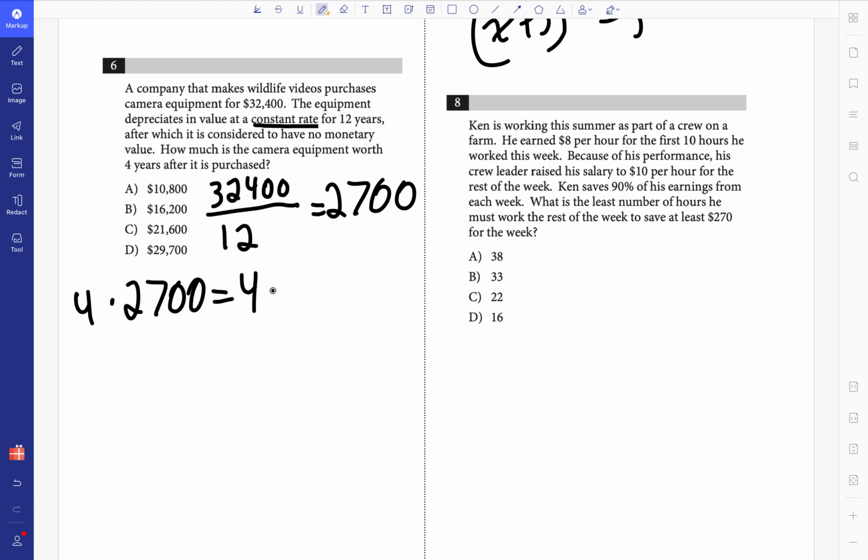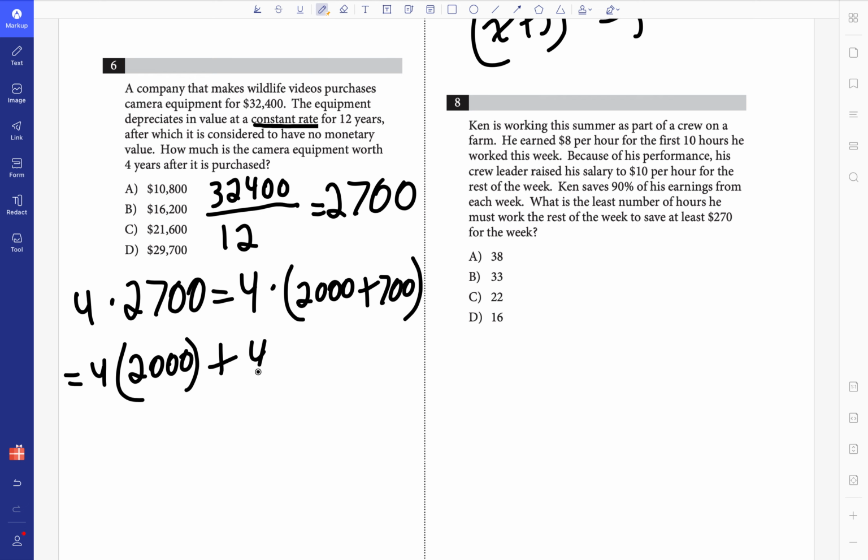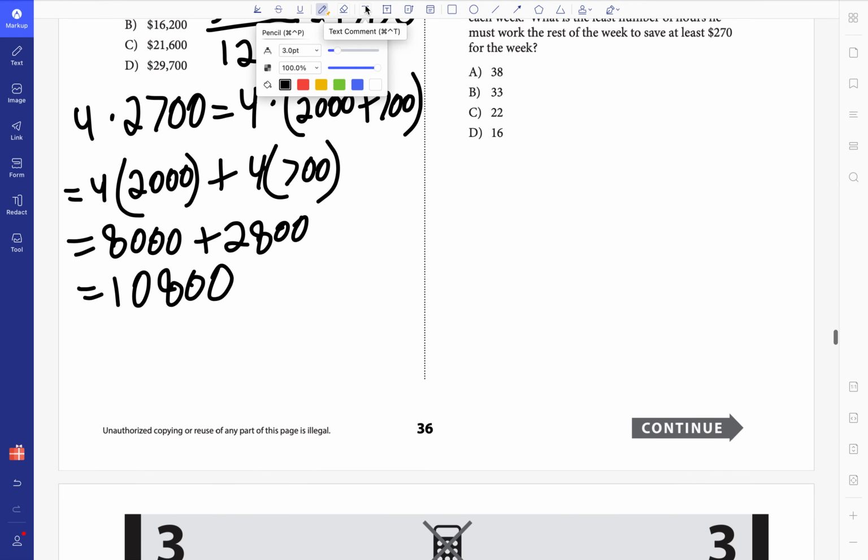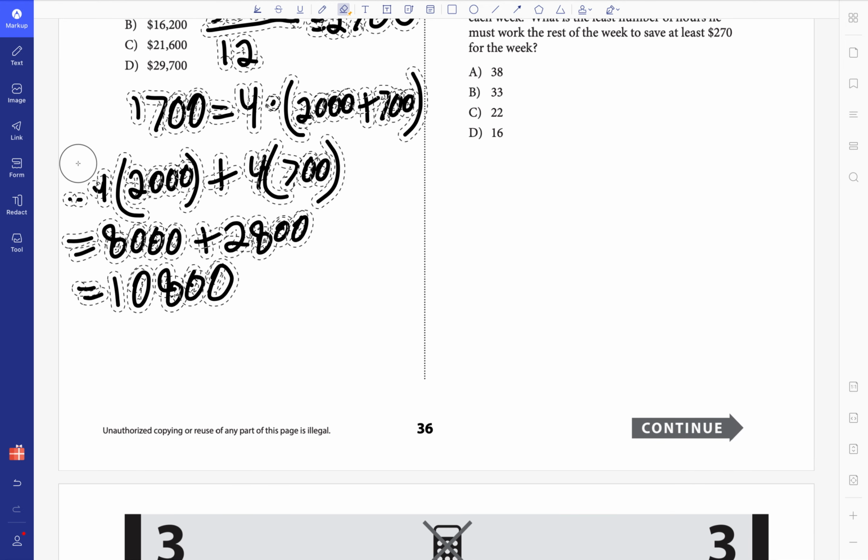Let's just break it up, we don't want to waste time, as 4 times 2,000 plus 700, which equals 4 times 2,000 plus 4 times 700, which equals 8,000 plus... of course, with a calculator this can be faster, but this is the no calculator portion. 8,000 plus 2,800 is going to be $10,800. So it loses $10,800 in value over 4 years. Okay, so let's just erase this.